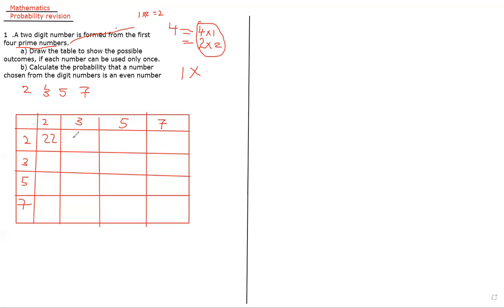They have just said when you arrange them. So this is 22, 23, 25, 27, 32, 33, 35, 37, 52, 53, 55.